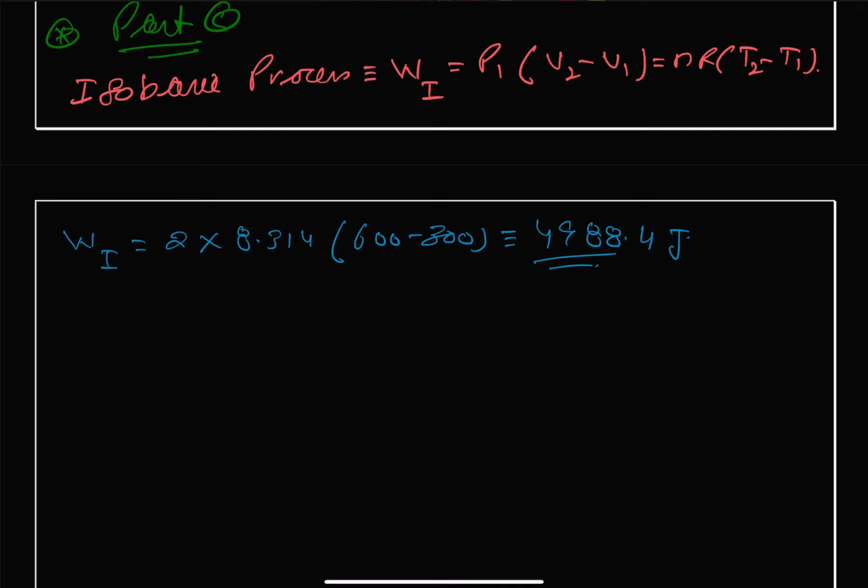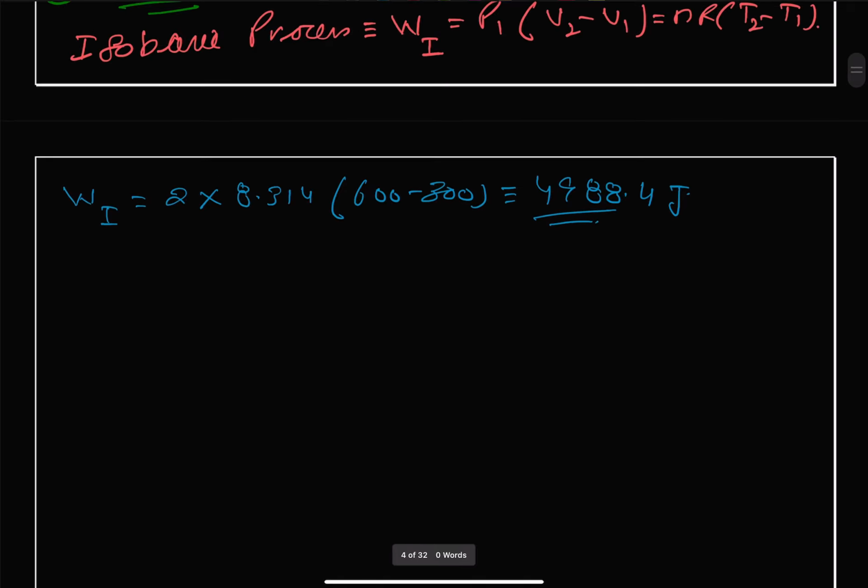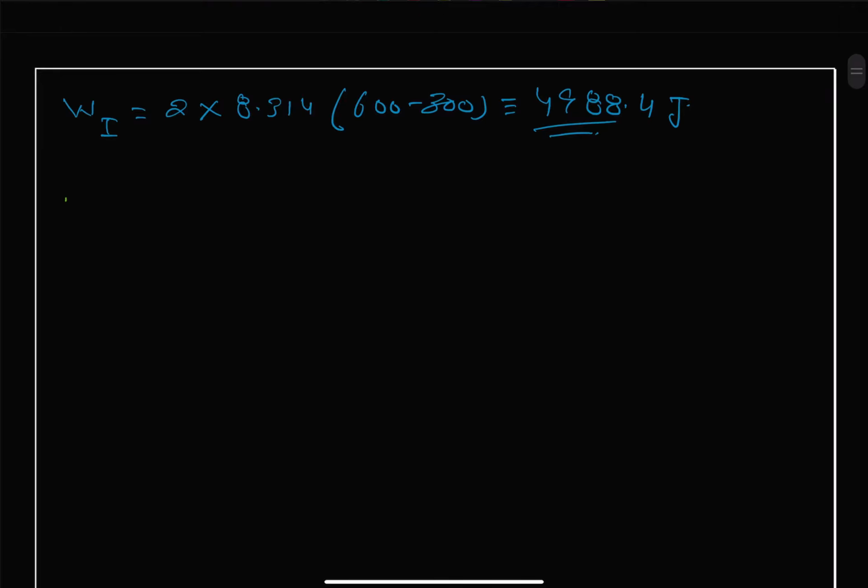Now we come to our adiabatic process, let us call this W adiabatic. The work done is according to the first law of thermodynamics, as in the adiabatic process the value of Q is equal to 0. Therefore W adiabatic will be equal to negative of change in internal energy.